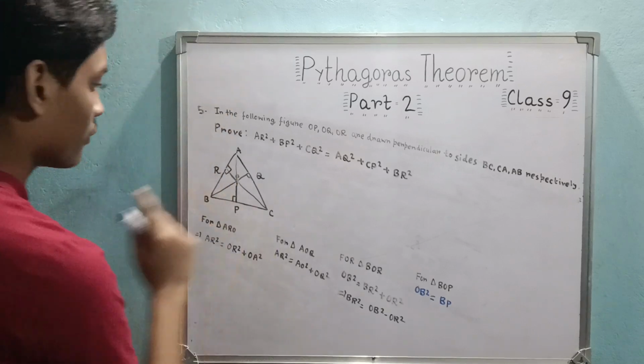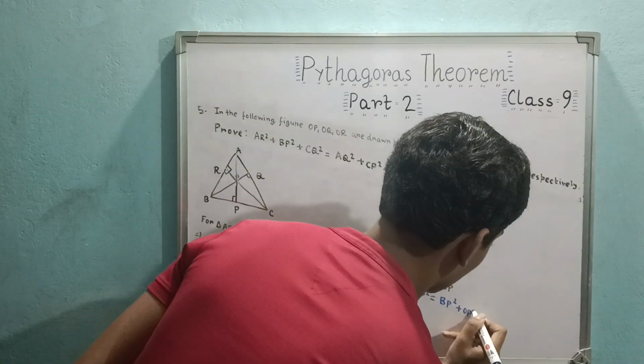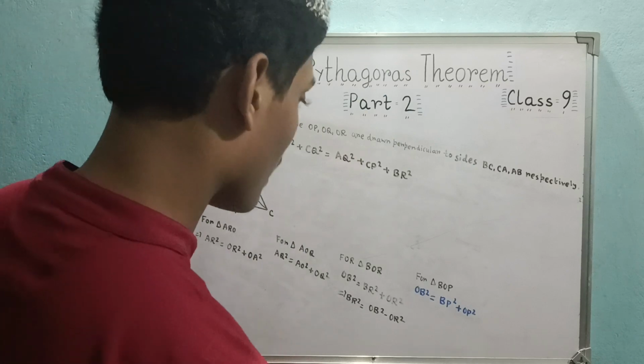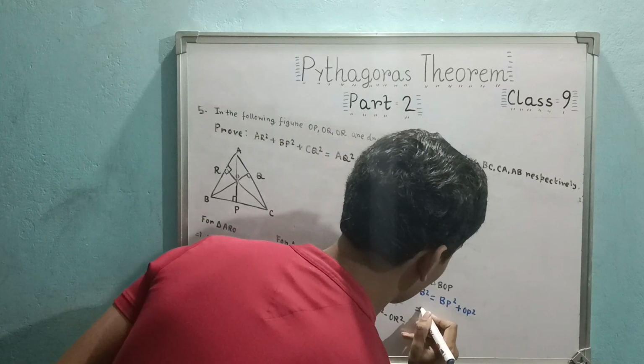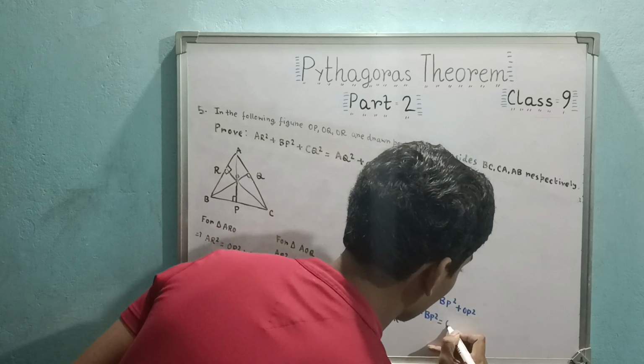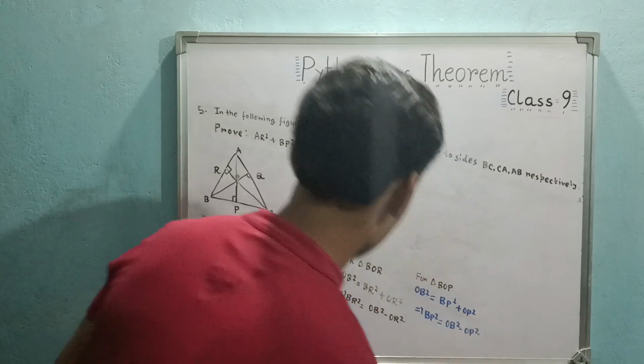Then for BP I have to calculate: BP square equals OB square minus OP square.